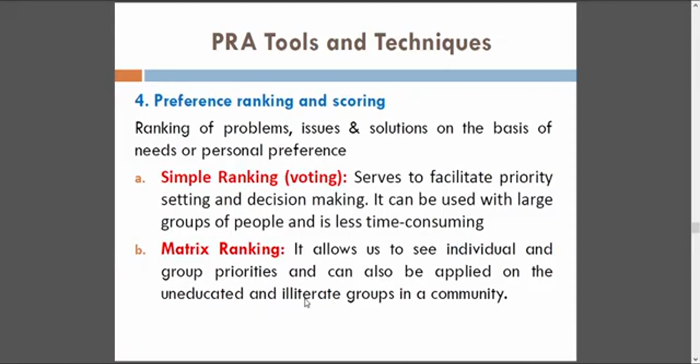So in matrix ranking, you keep on bringing two options. For example, if we have an opportunity of supporting community households with seed and fertilizer, or watering cans, we can rank the three, but you give them two options at a time and they choose one, and at the end you count which option has the highest number of decisions.